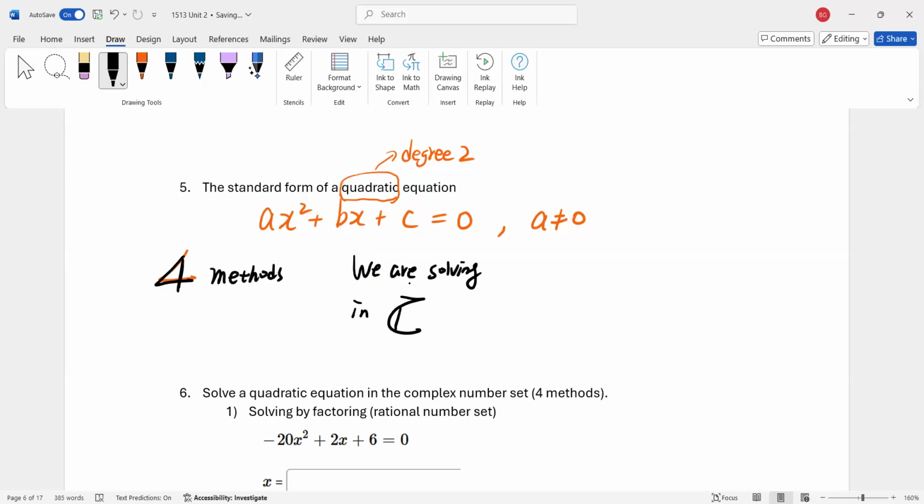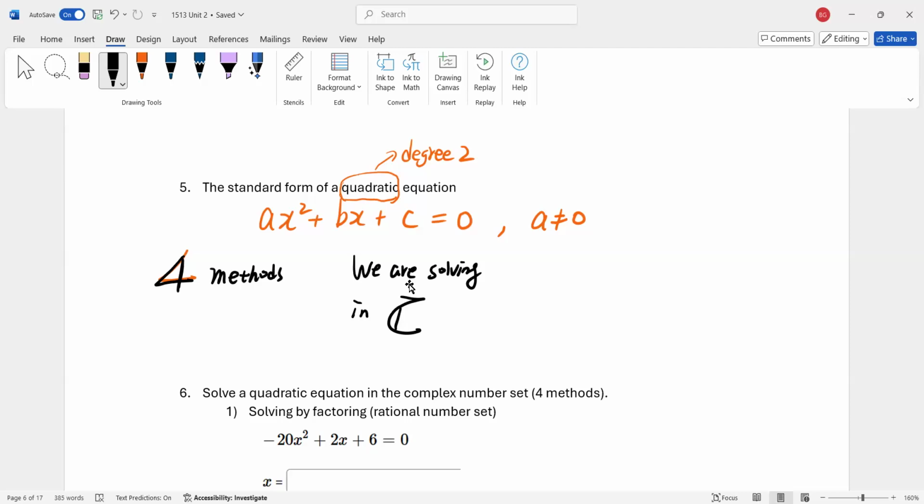You might remember in Algebra Foundation 2, you have already learned solving quadratic equations. But at that time, you learned solving quadratic equations as an application of polynomial factorization. You have learned solving quadratic equations by the method of factoring. At that time, you were not solving the quadratic equations in the complex number set. In fact, you were solving the equation in the rational number set.